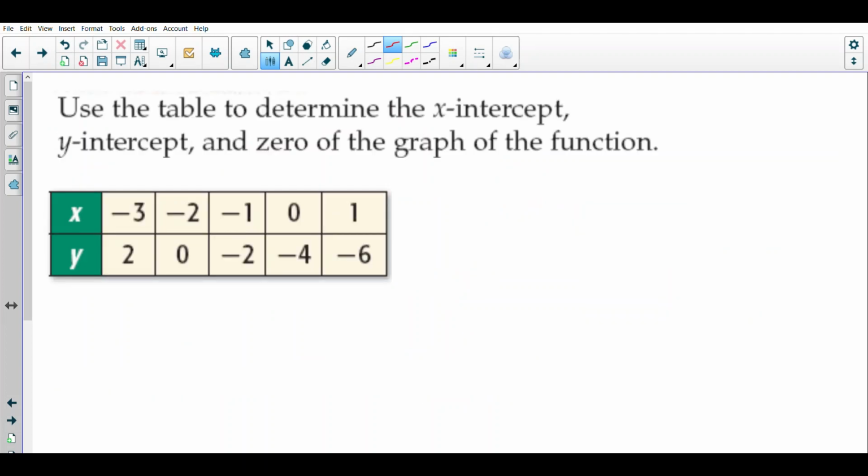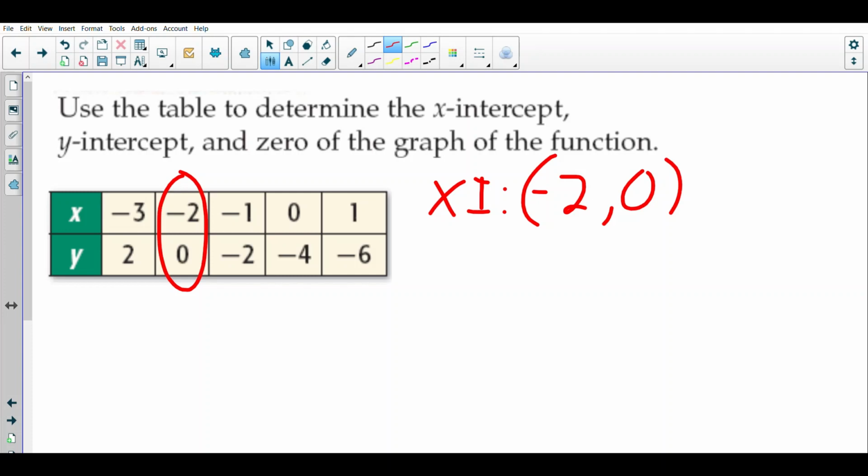Okay, so use the table to determine the x-intercept, the y-intercept, and the zeros. So if we remember, the x-intercept and the zeros are the exact same thing. So x-intercept, I'll just call it xi. That looks like a t actually. The x-intercept is, remember, when the y value equals 0, so right here, so it's (-2, 0), and the 0 is the same thing, so it's also (-2, 0).